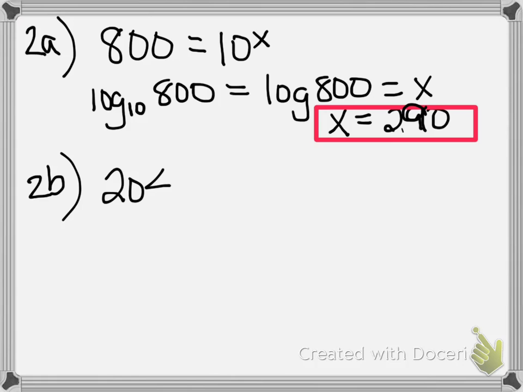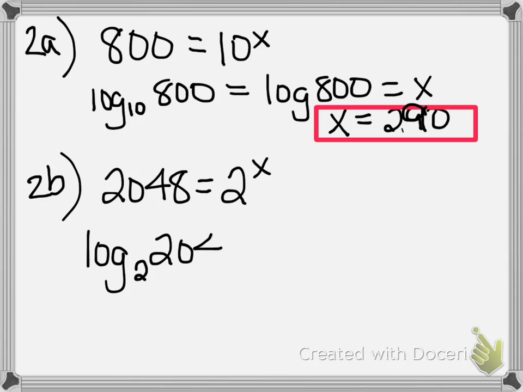2b. Again, simple definition of logarithm, 2048 equals 2 to the x power. So we have log base 2 of 2048 equals x. So using our calculator, we find out that x equals 11.